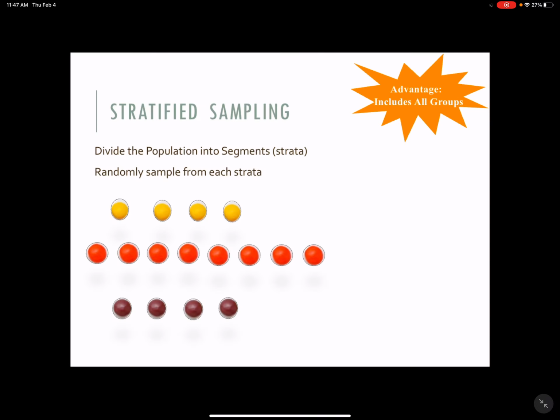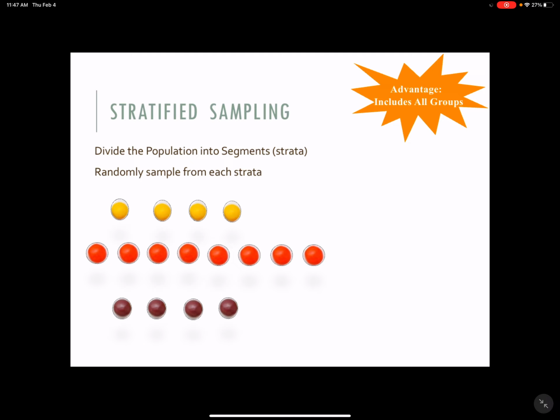The second type is stratified sampling. Because if you remember, one of the weaknesses, or the weakness I identified in simple random sampling, is that there's no guarantee you're going to get all groups of study. So in the coronavirus vaccine, we want to make sure that it works for people of every skin color, people of every diet type.